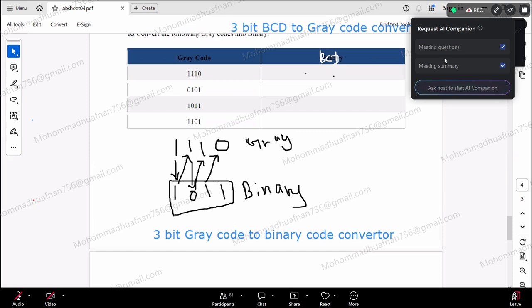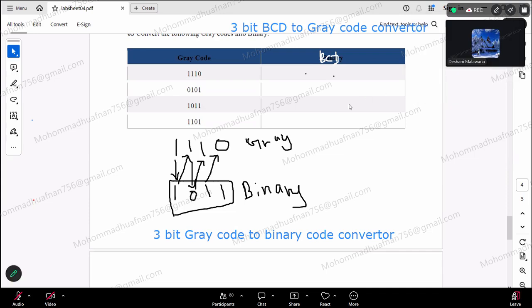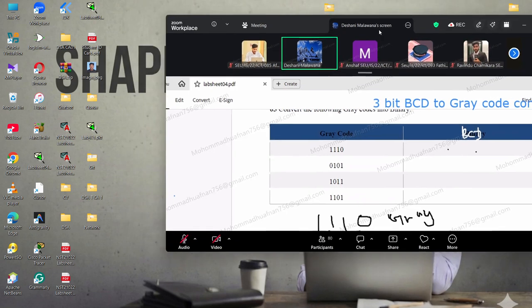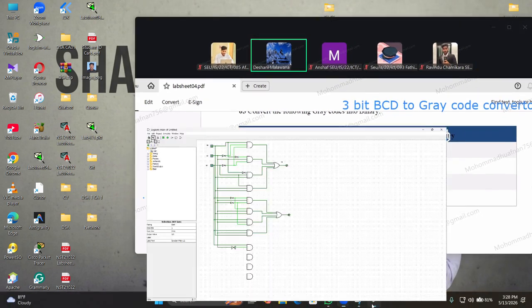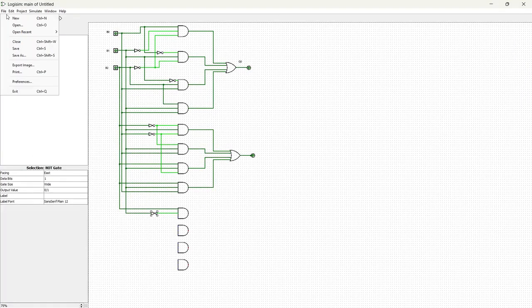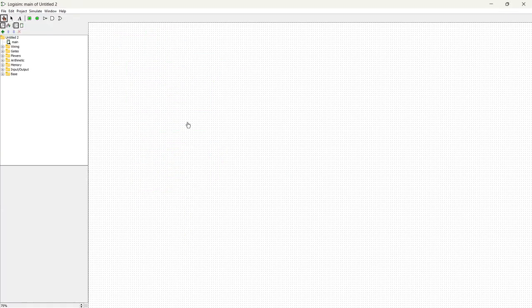when you are getting logic, that OR gate or NAND gate or XOR gate, please remember one thing: you have to fix the input according to your requirements. If you need only 3 inputs, then you have to customize the number of inputs according to your requirements.